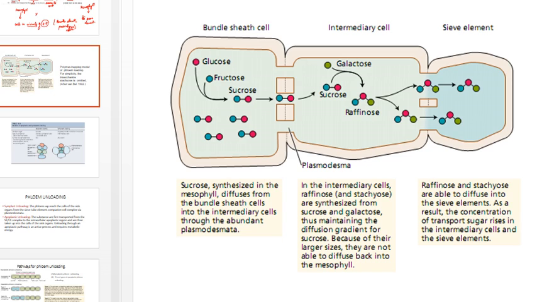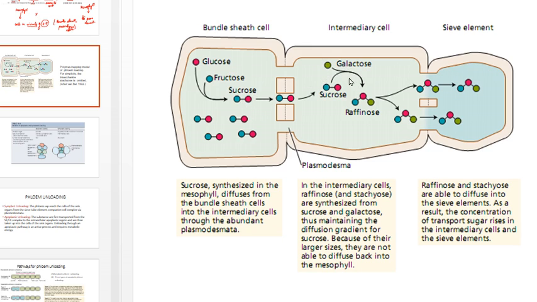Another important concept we need to know: here the sucrose came from the mesophyll cell to the bundle sheath cell. From the bundle sheath cell, it will be transported to the intermediary cell. Carbon is fixed and glucose is formed. The glucose and fructose will combine to form sucrose, and the sucrose will move to the intermediary cell.